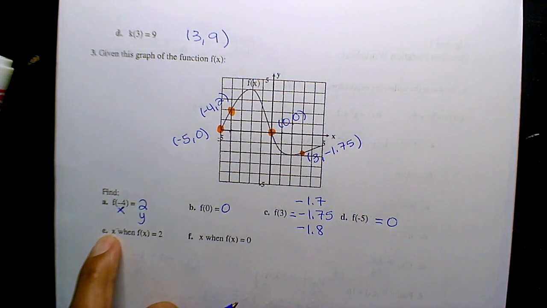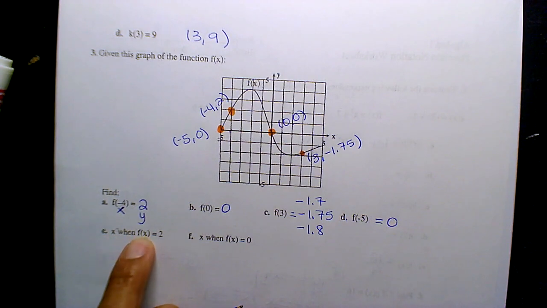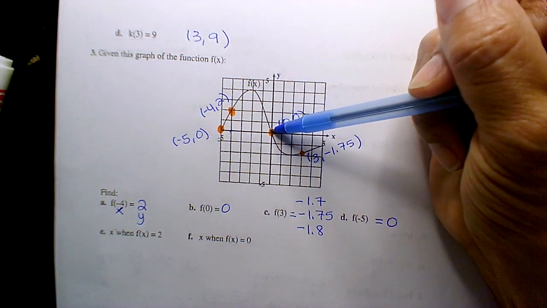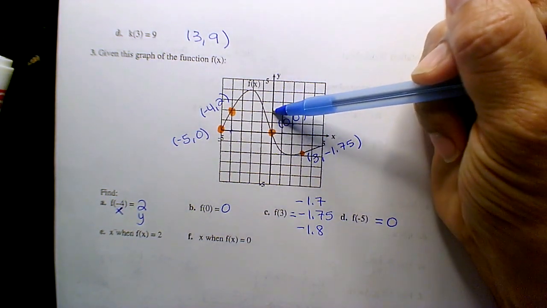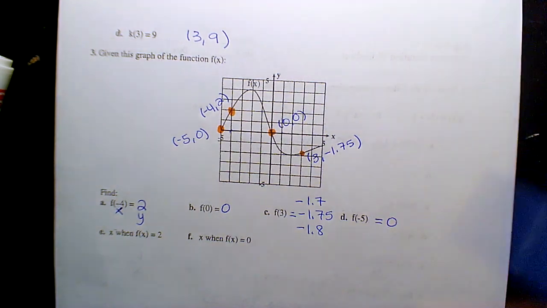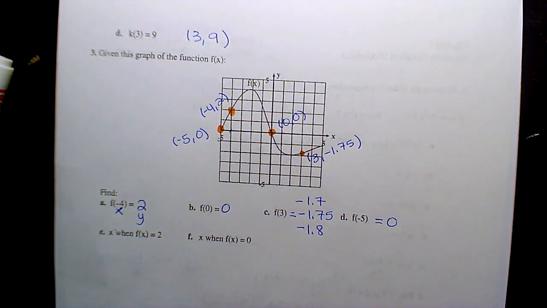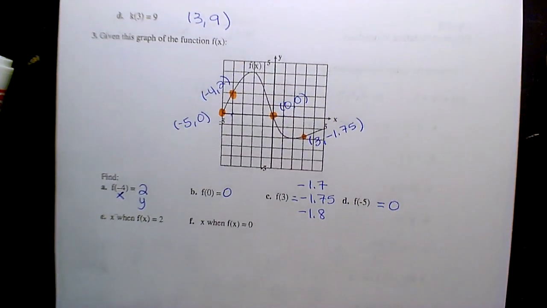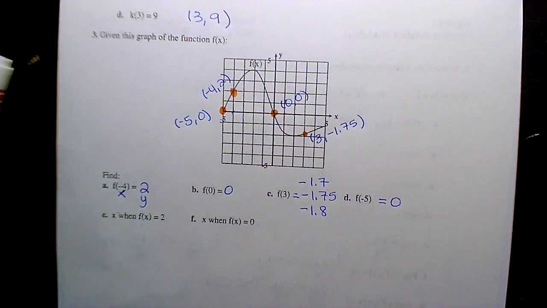All right, find the input value. So you're going to be looking on the x-axis. If f of x is equal to 2, so y value 2, I have 2 options. I'm going to grab blue. What's one of my options?